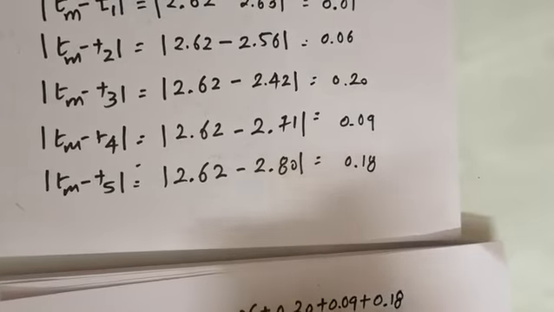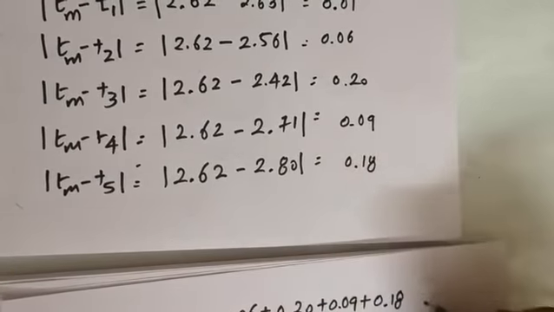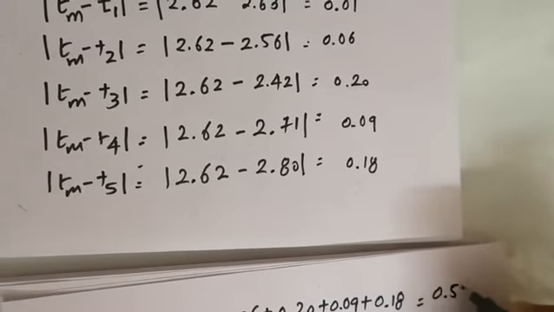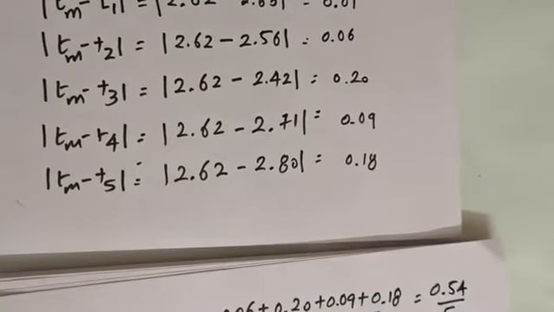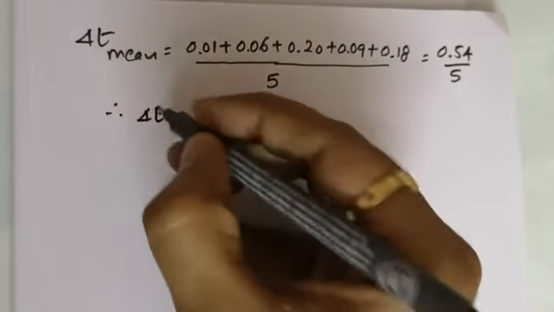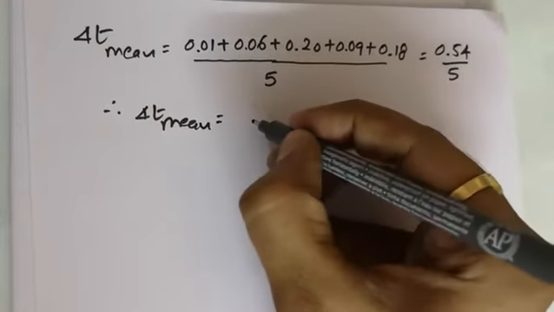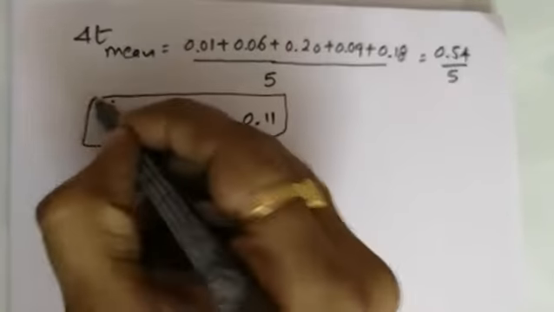I have taken all those values with the modulus, that is why my answer is positive. The sum of all these is 0.54, divided by 5. So I got delta t mean is equal to 0.54 by 5, so I got 0.11. This is my second answer.